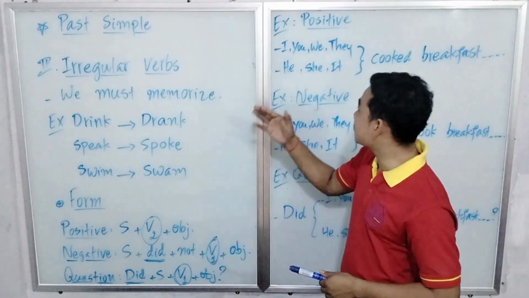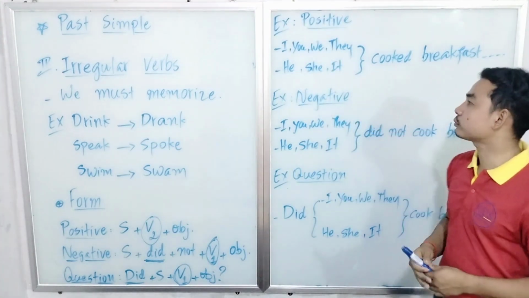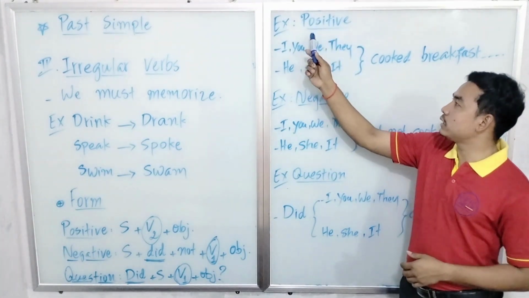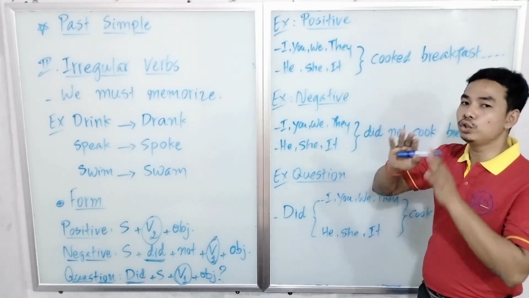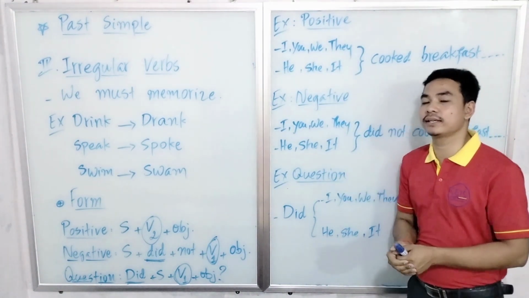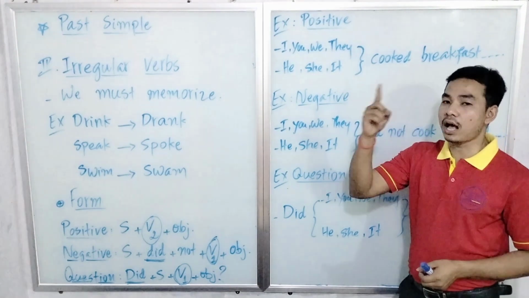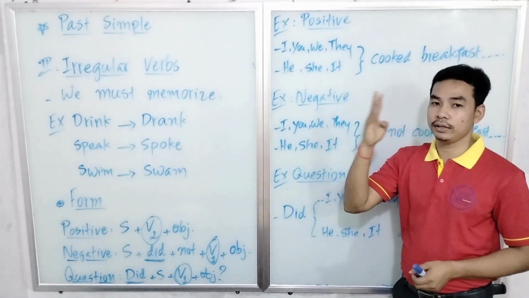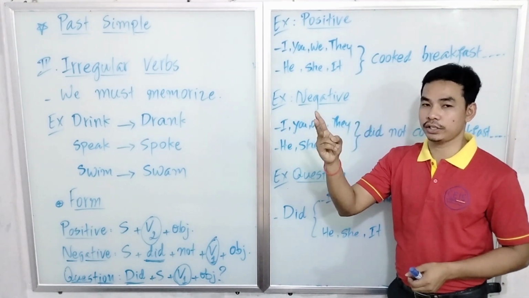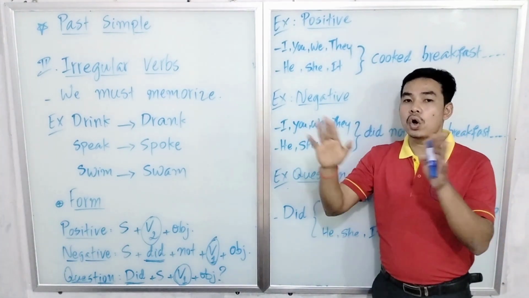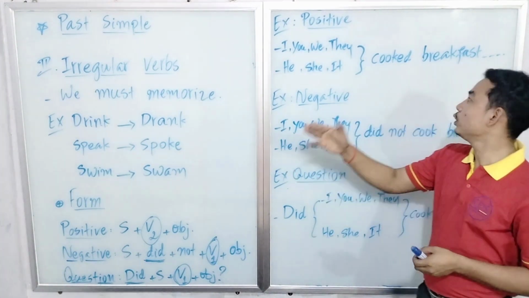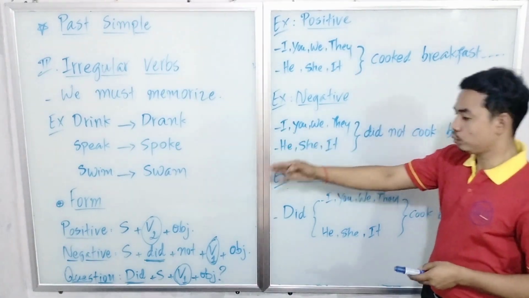Alright, so look at the example here. Positive form. Positive example, like subject. You already know that subject can be I, you, we, they, he, she, it, singular subjects and plural subjects. All subjects we use with verb 2.